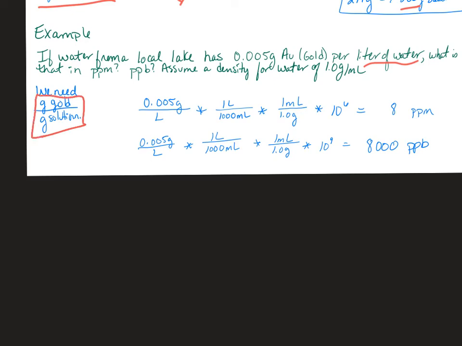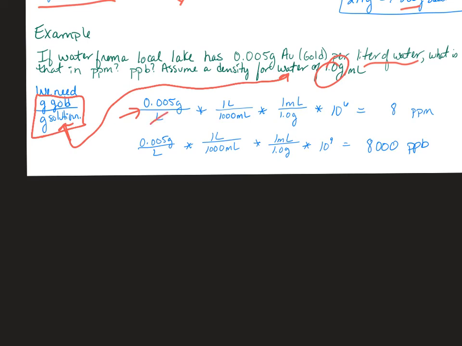Now, since we have such a tiny amount of gold in our solution, the solution we can assume to be mainly water, like way more water than anything else, which means that we can assume that the density of water is really going to lead to how many grams of solution we have. So let's say we have 0.005 grams per liter, because that's what you are given in the problem, right?